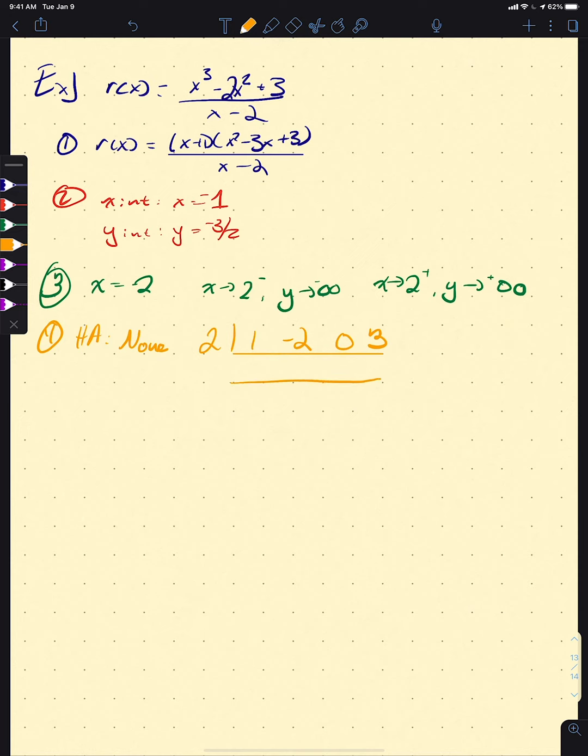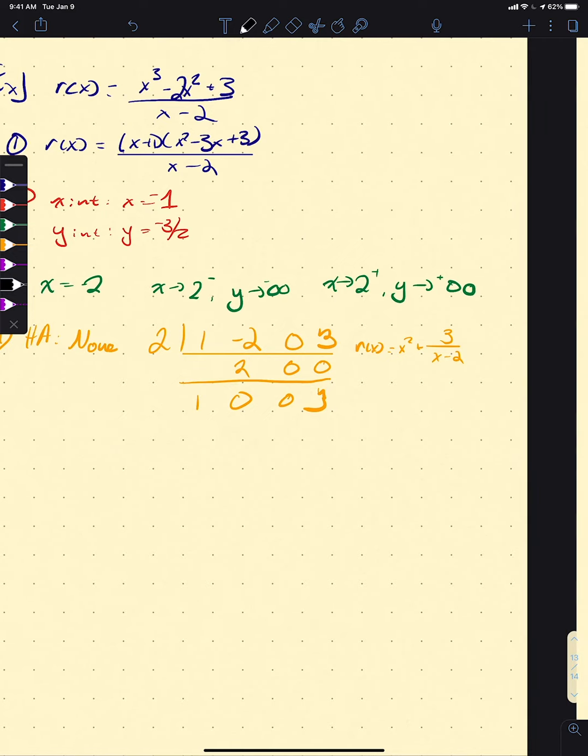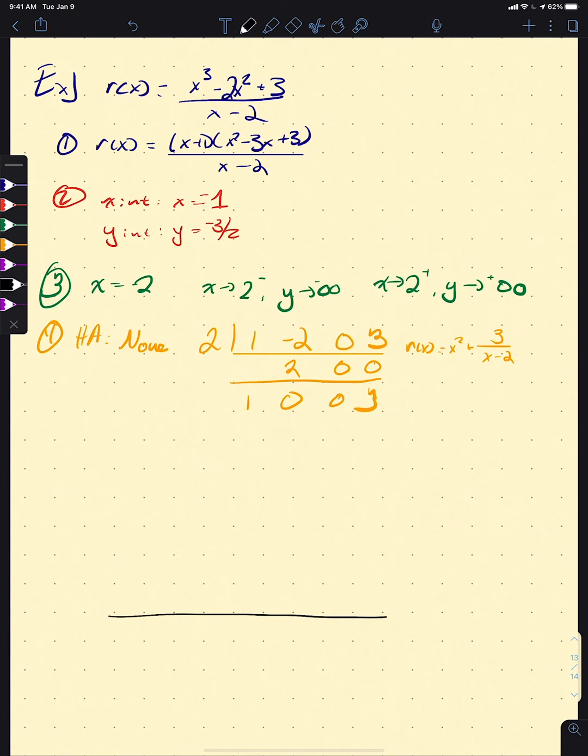It looks like we have 1, 0, 0, and 3. So that means that r of x can be written as x squared plus 3 over x minus 2. And as we go to infinity, this guy goes to 0, which means that my end behavior approaches x squared, funnily enough. So let's draw a graph of this.